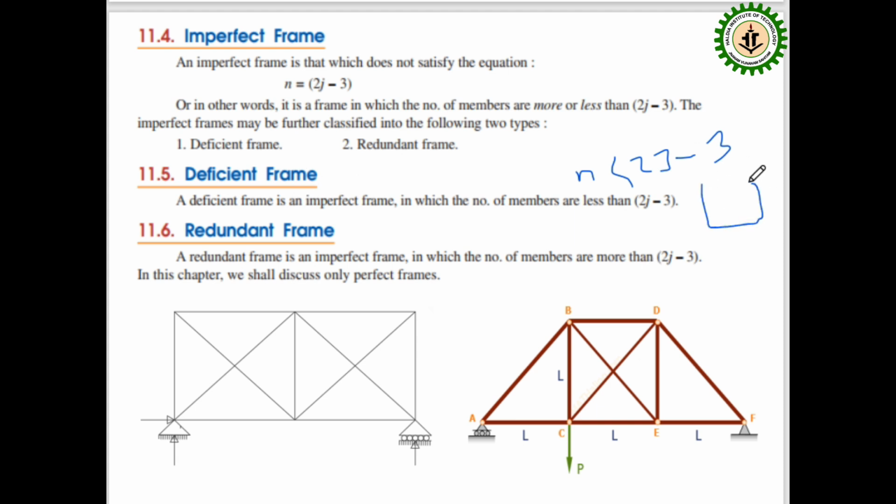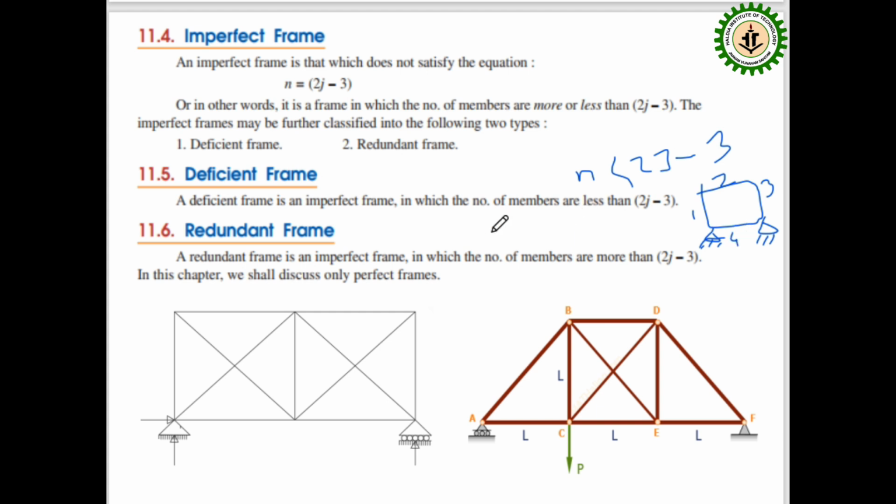So if this is a truss member, here is the support of the truss member, and here is the support of the truss member. For this type of truss member, the number of members is 1, 2, 3, and 4.